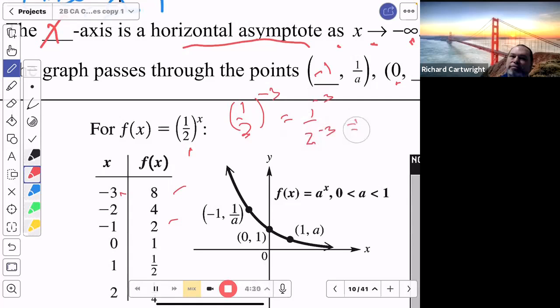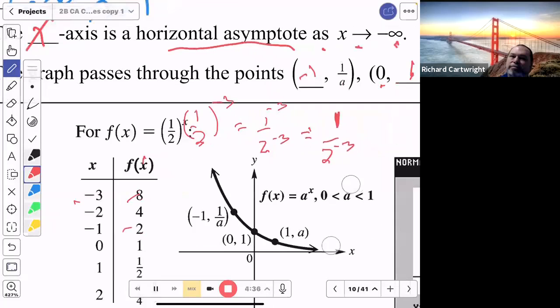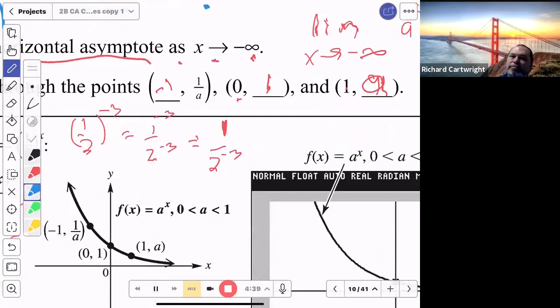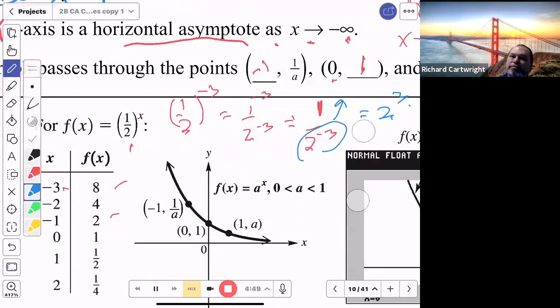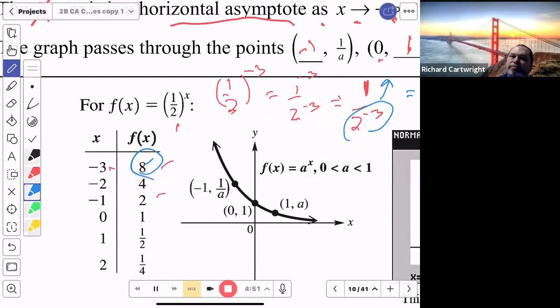But 1 to the -3 is still a 1. And 2 to the -3 means this has to go upstairs to become positive. It actually becomes 2 to the 3. So 2 to the 3 is 8. And if you look at his table, there it is, see?